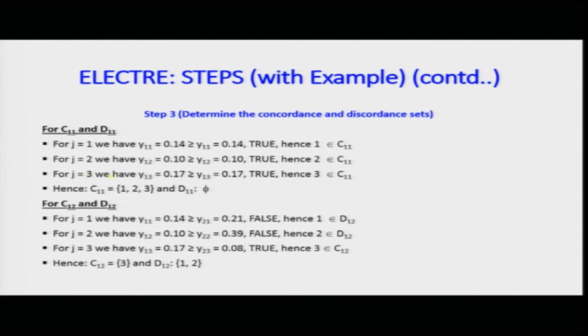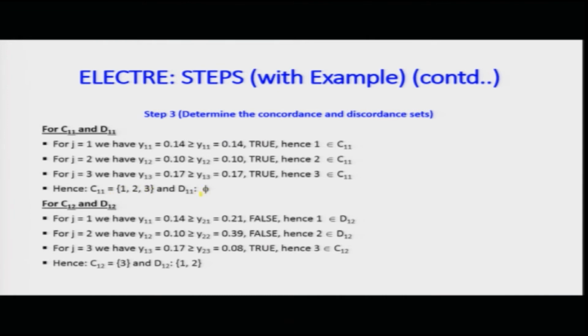Similarly for j3, 0.17 is greater than or equal to 0.17, which is true, because I am only considering y11, y12, y13 along the first row. Hence, j3, those criteria fall into the C11 concordance set. So now the concordance set would have 1, 2, 3 and the discordance set would be a null set.